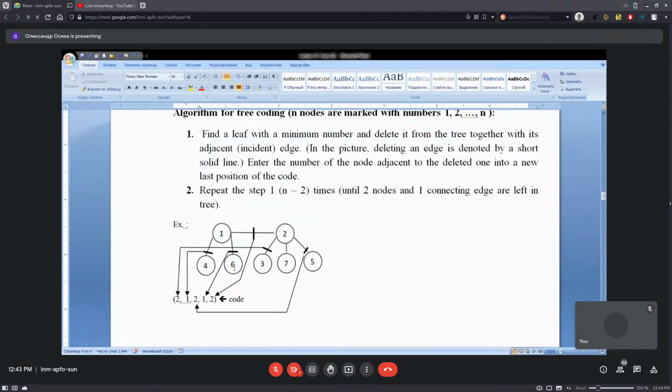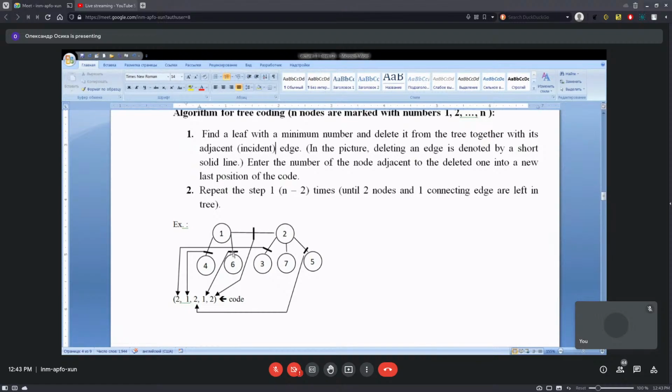Now what do we have? Leaves 5 and 7. No, I mean 6 and 7, because 5 I already deleted.